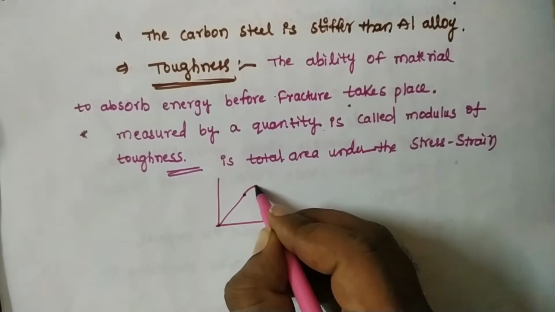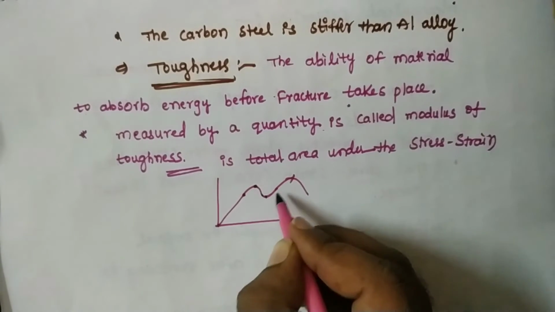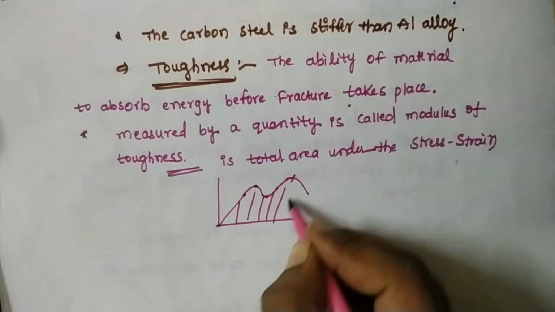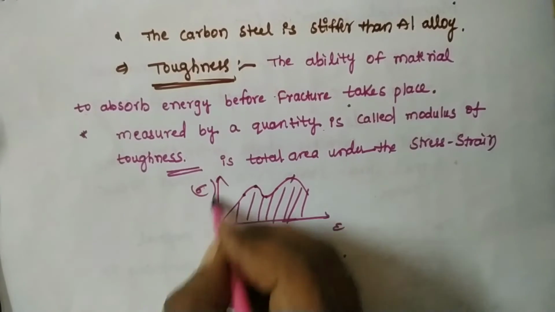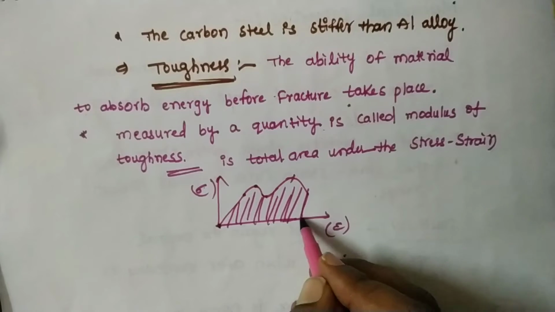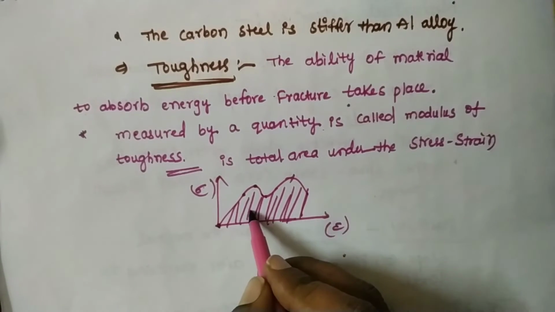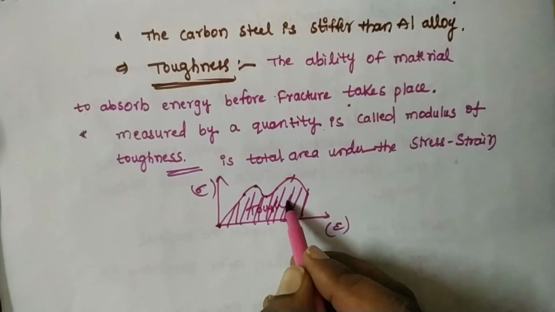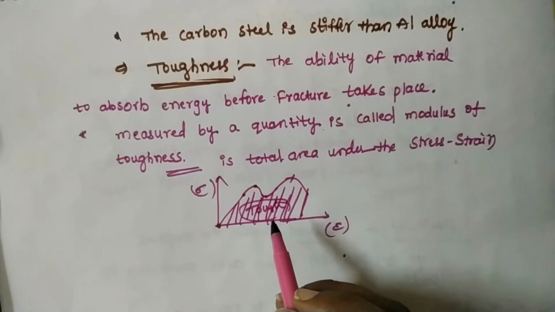So this complete area under the stress strain curve is known as the modulus of toughness.